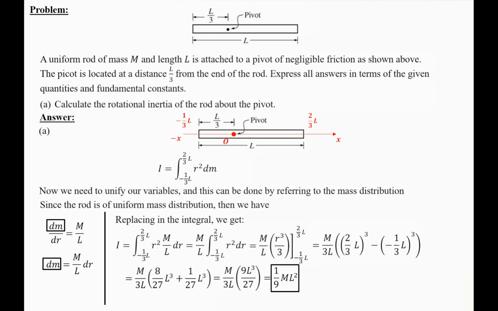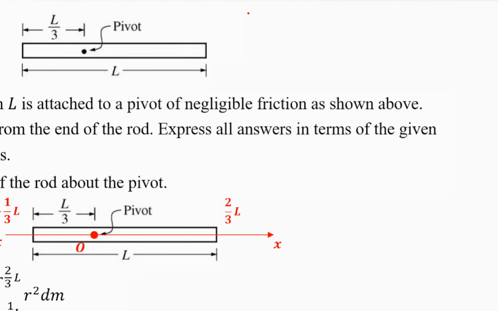Notice that this result could have been obtained if the moment of inertia of the rod around the center is given. Let me do the following. We know that I of the center of mass of the rod around the center is given by 1 over 12 M L squared. Now if I apply the parallel axis theorem, that would be 1 over 12 M L squared plus the term which compensates for the shifting, that would be the mass multiplied by the distance squared.